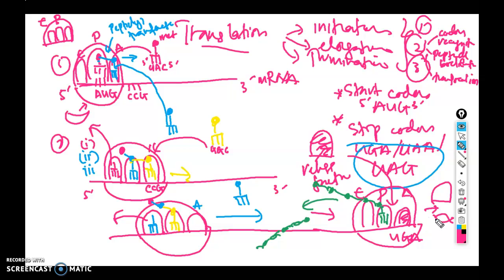Okay, and the process of translation finishes, and it will form protein. The process occurs in the cytoplasm.